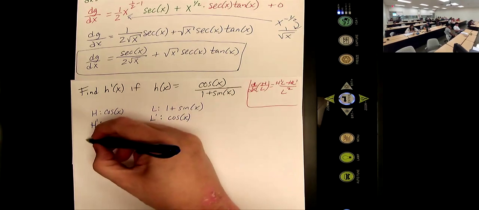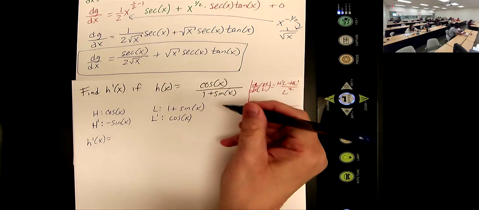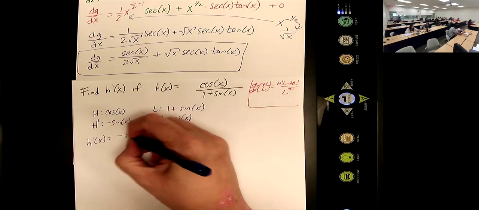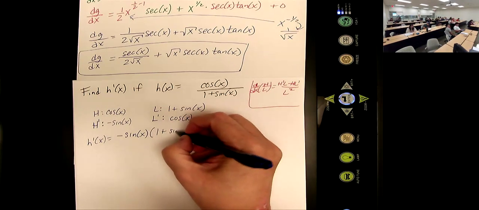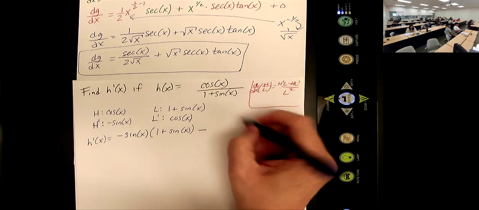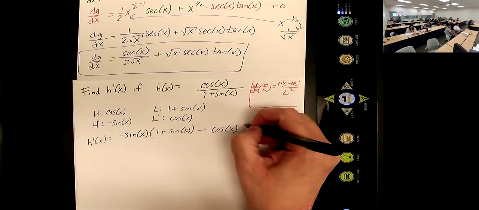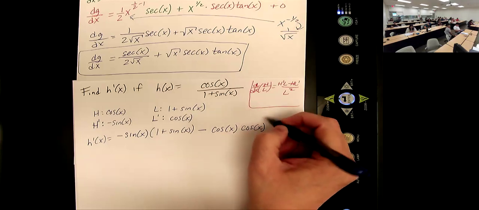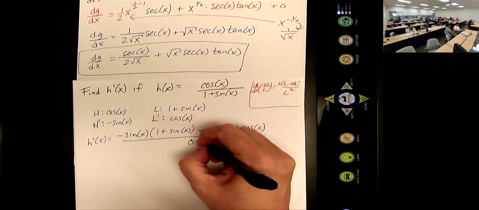So h prime of x: we have high prime, which is negative sine x, times low, which is 1 plus sine x, minus high, which is cosine x, times low prime, which is cosine x again, all over low squared, which is 1 plus sine x squared.